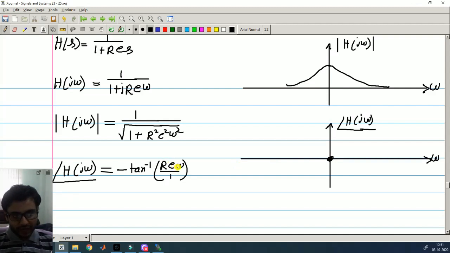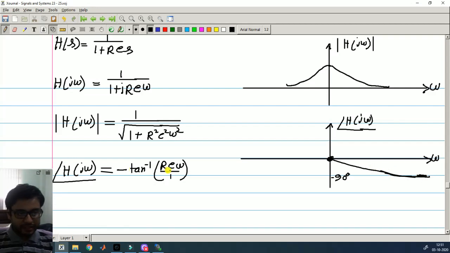Now if ω is very large, tending to infinity, then tan inverse infinity is 90 degrees, and because of this minus, we will have minus 90 degrees when ω is very large. So minus 90 degrees, and that means as ω increases from 0 to infinity, this angle will decrease like this.